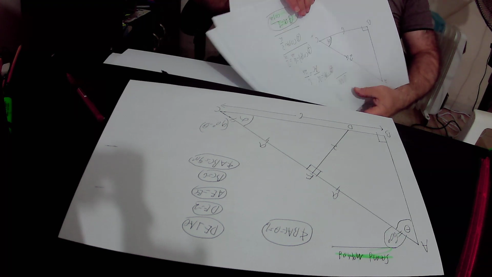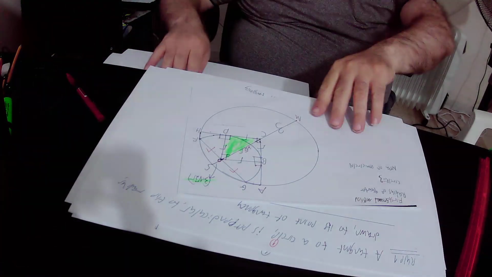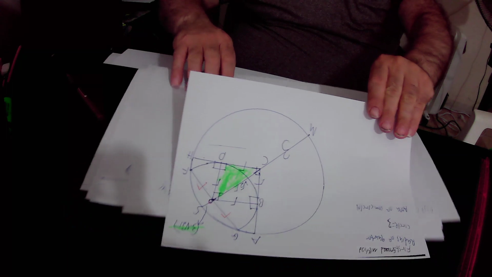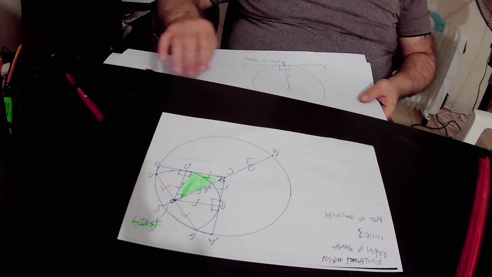We'll start with the first question, of course. In this question, we have a semicircle that is inscribed by a quarter circle.